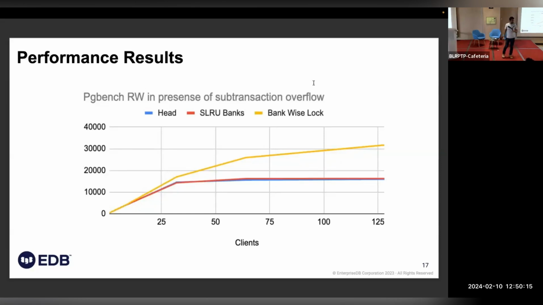That is not huge, but when we added the bank-wise lock, we can see a huge gain. It almost reached the performance level as if there were no subtransaction overflow. We have gained original performance, even with the subtransaction overflow, the same as if you don't create any subtransaction overflow.